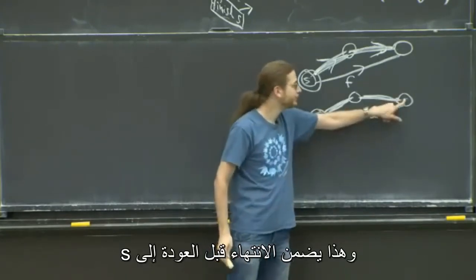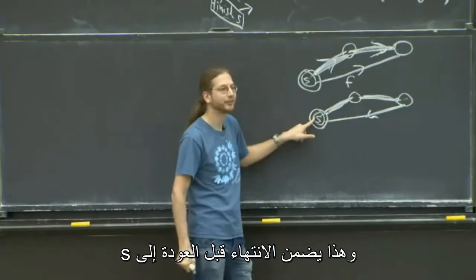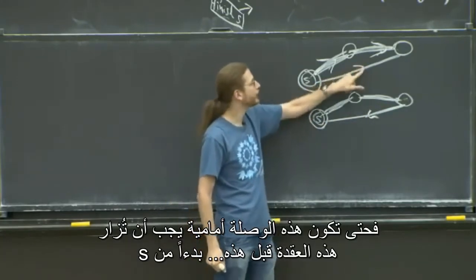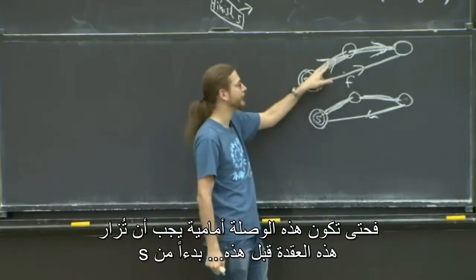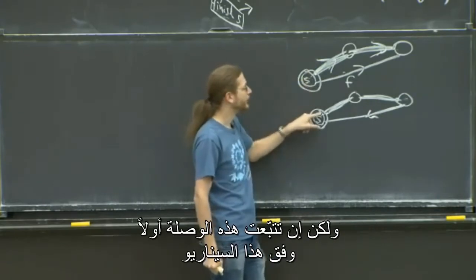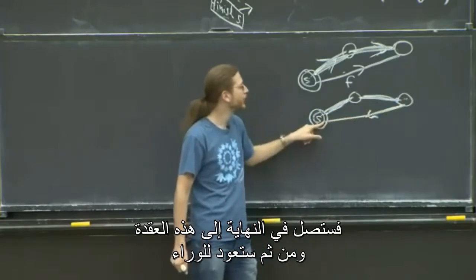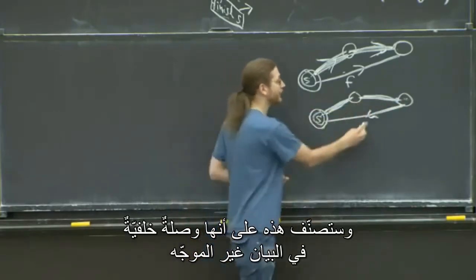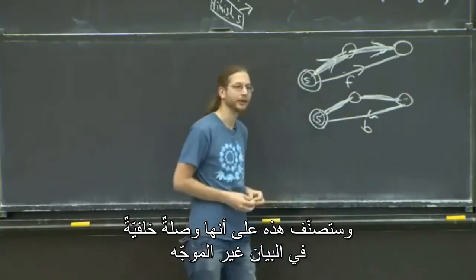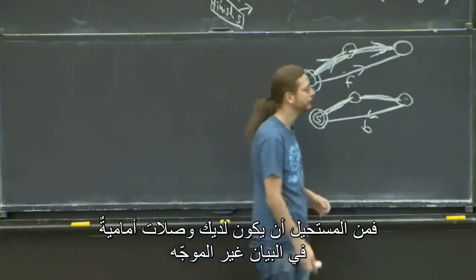And that's guaranteed to finish before we get back to S. So in order to be a forward edge, this one has to be visited after this one from S. But in this scenario, if you follow this one first, you'll eventually get to this vertex, and then you will come back. And then that will be classified as a backward edge in an undirected graph. So you can never have forward edges in an undirected graph.